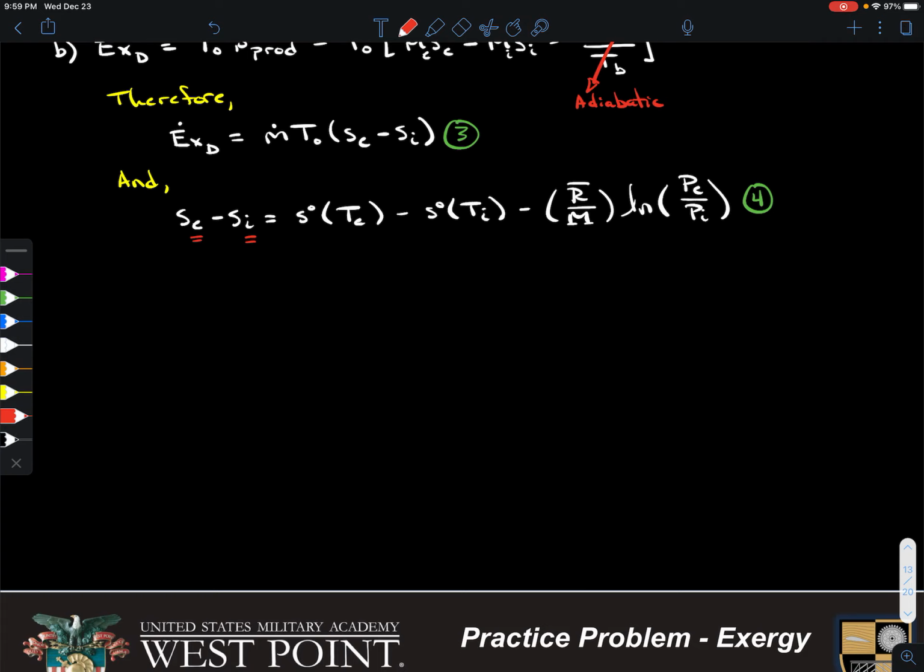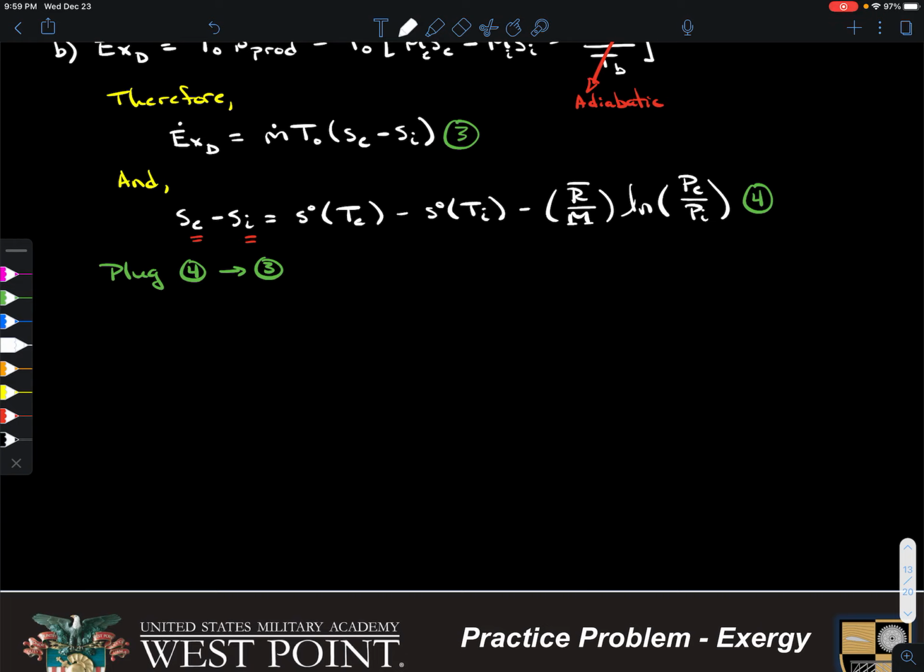All right, so then we need to plug 4 into 3. We're going to use a bunch of those variable conditions that we laid out earlier in those tables.